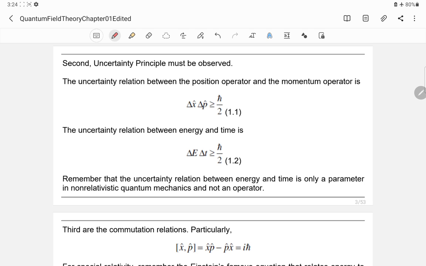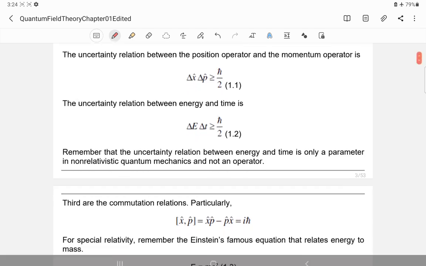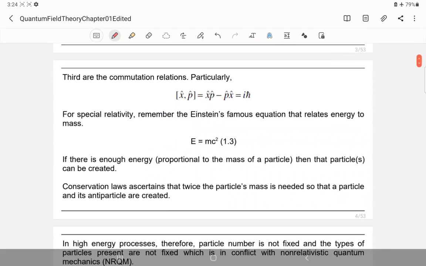So these are what we have learned before. Remember that the uncertainty relation between energy and time is only a parameter in non-relativistic quantum mechanics and not an operator. The third one is the commutation relation.